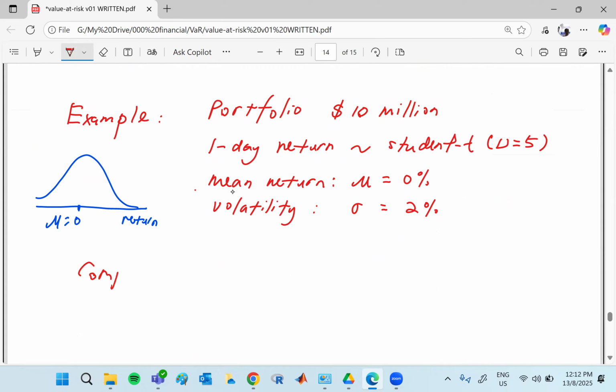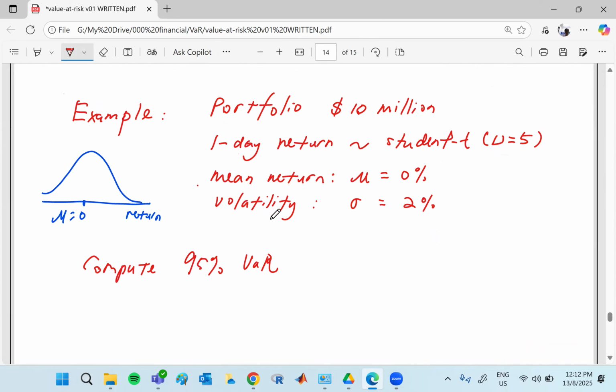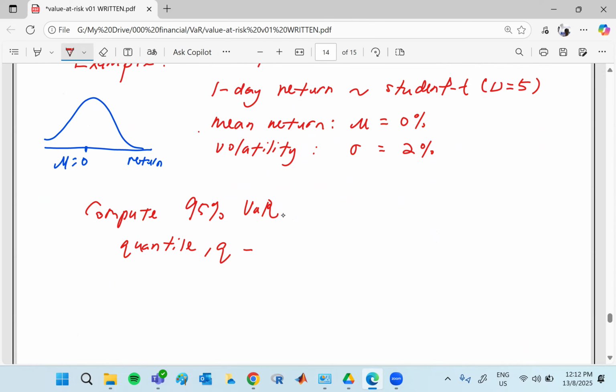So first we compute the VAR, let's say the 95% VAR, or 5% VAR. First of all, the quantile Q according to the student T, you just find the inverse value.